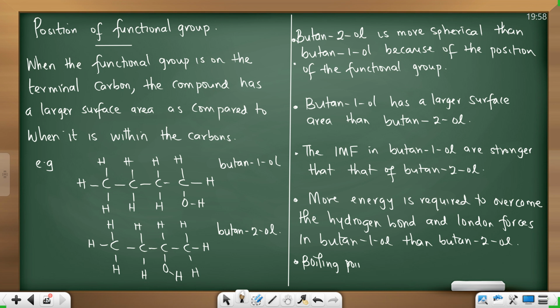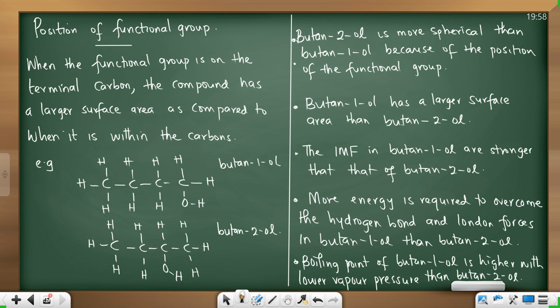Boiling point of butane 1-ol is higher with lower vapor pressure. But I want us to check. I need those values. Then butane 2-ol.